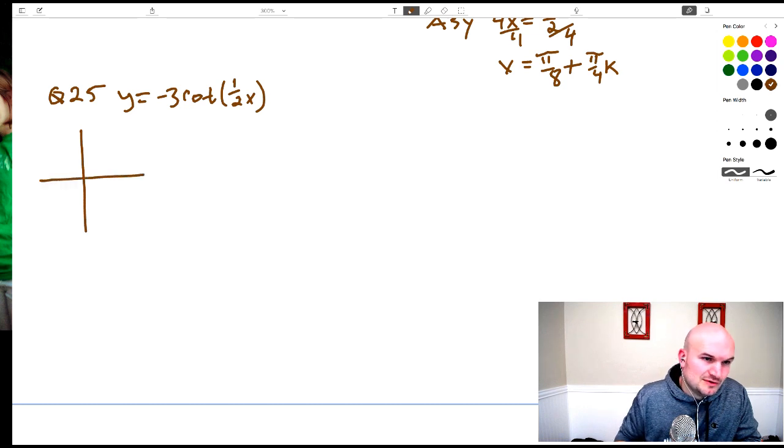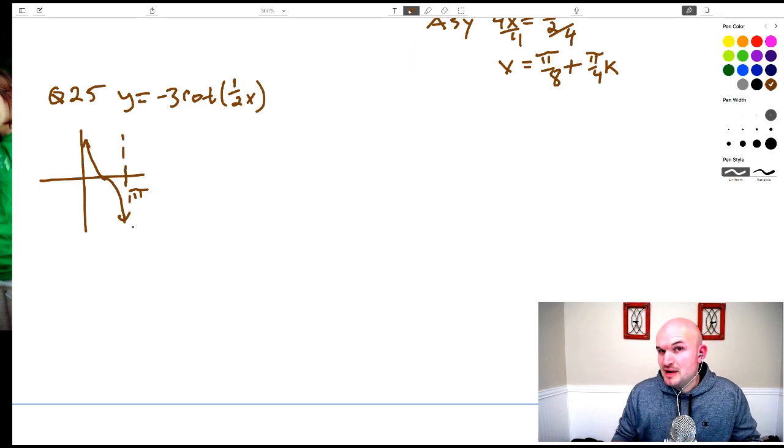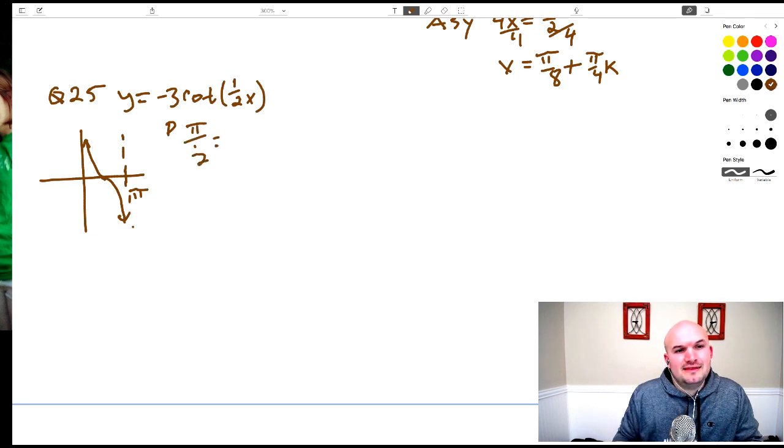The parent graph of cotangent has a period of pi, an intercept at pi halves, and it crosses something like this, and that is an asymptote. It's unbounded, so we know that there's not going to be an amplitude. The period, instead of 2 pi divided by b, is now pi divided by b. So in this case, I'm just going to be doing pi divided by 1/2, and that's going to equal 2 pi.